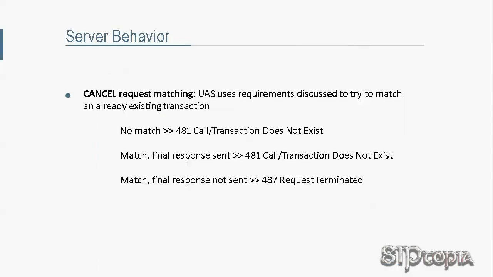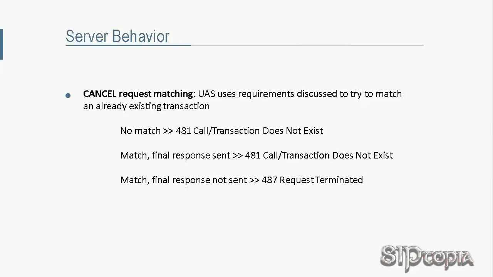Let's take a step back and think about what the user agent server, in this case the back-to-back user agent, does when it receives a CANCEL request. Earlier, we went through the requirements for the user agent client to construct a CANCEL request to match a specific INVITE request. Naturally, the user agent server uses these entries to try to match an already existing transaction.